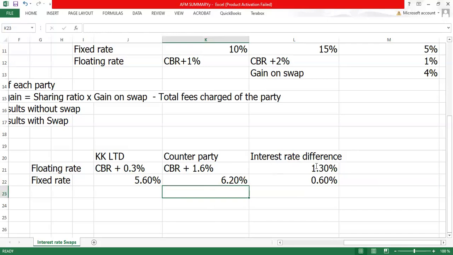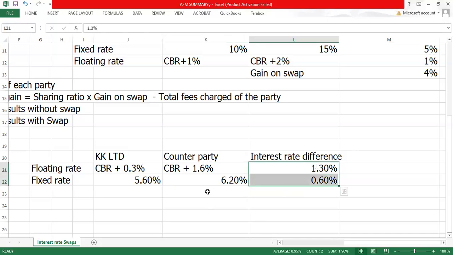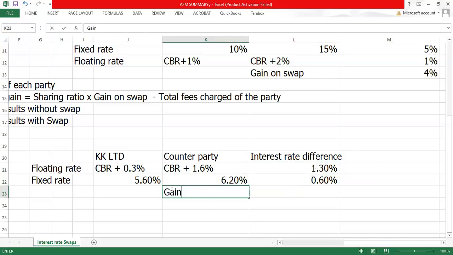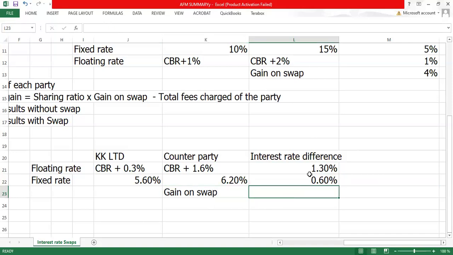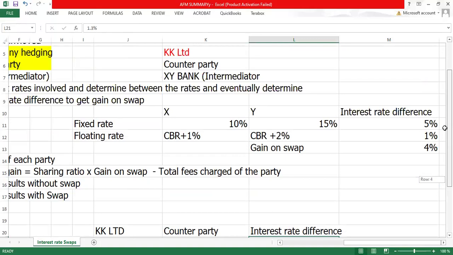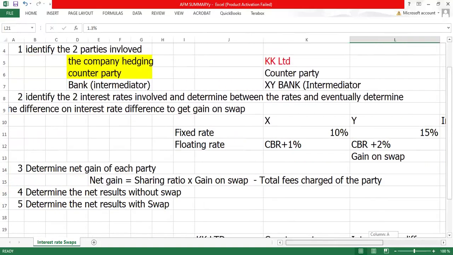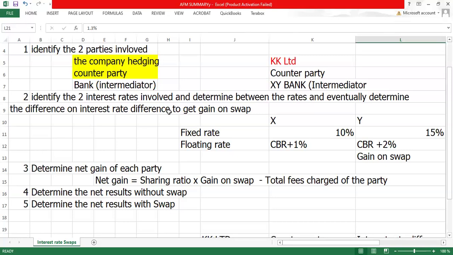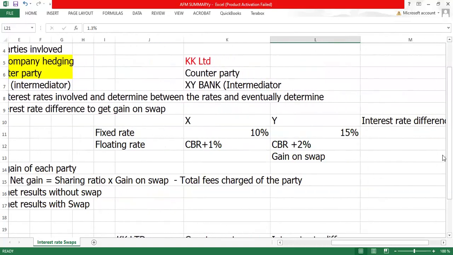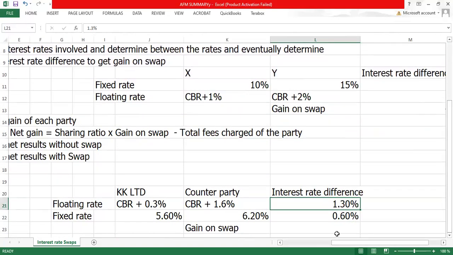Once you get the difference, go ahead and determine the difference between the interest rate differences, so that you can get a gain on swap. Simply get the difference.